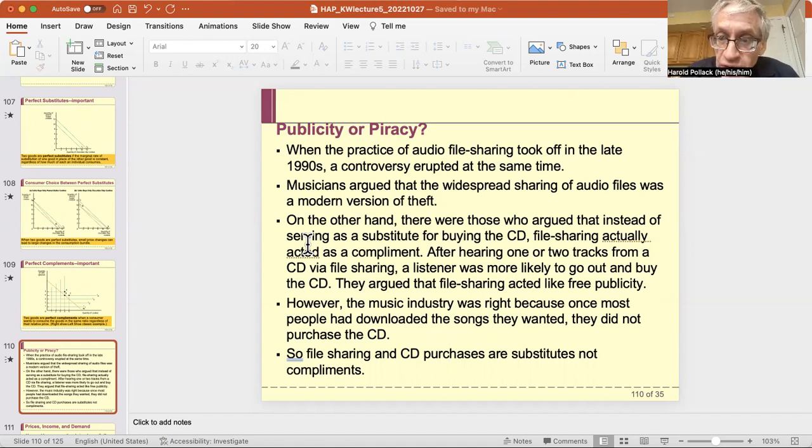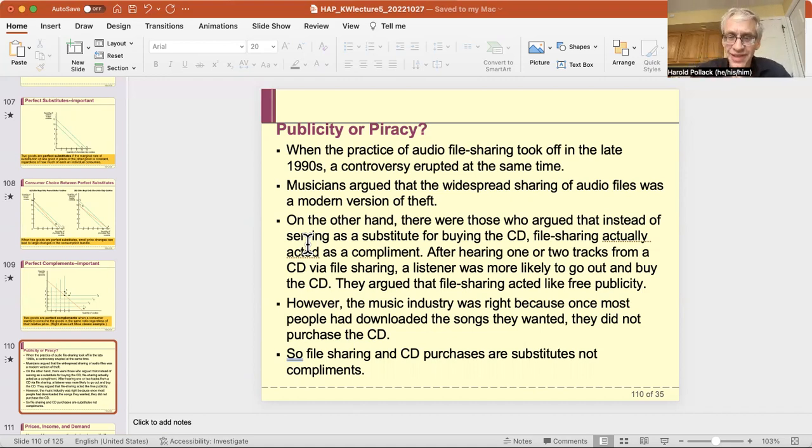When audio file sharing took off in the late 1990s, people really argued about it. A lot of musicians really didn't like sharing of audio files because they thought, hey, you're stealing my stuff. And some of the people who were involved in the sharing said, no, you don't understand. When people start downloading free electronic files of your music, they're also going to buy CDs that you're producing, and they're going to be into your old album. And the file sharing is kind of free publicity.